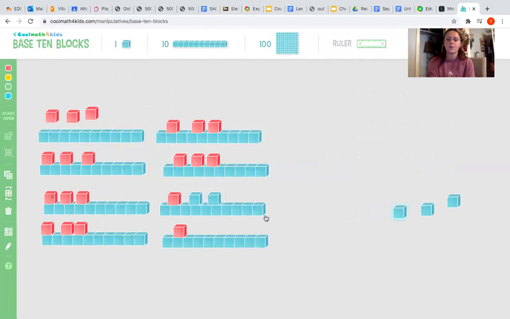So now each group has 3. And looks like we have 1 left over. So because this is 10, now we have 10, 11, 12, 13. And remainder 1. And the leftover is called a remainder.